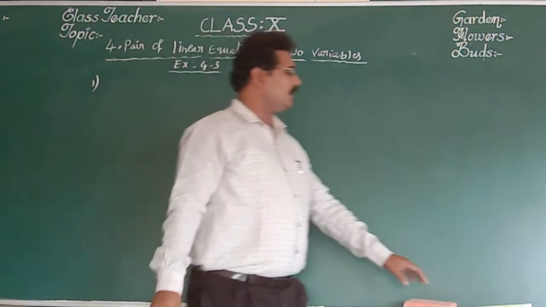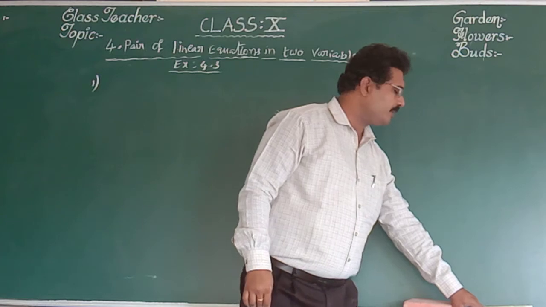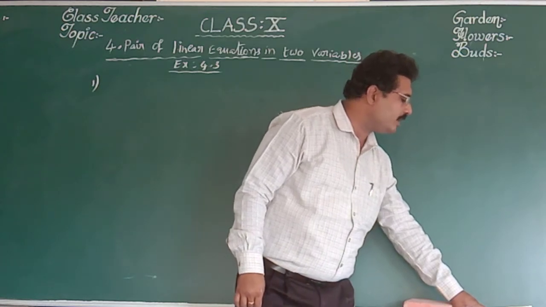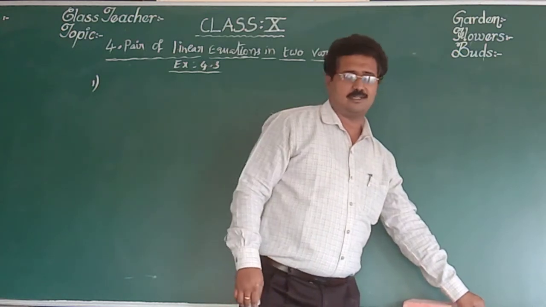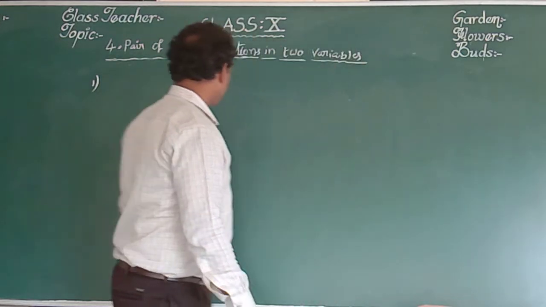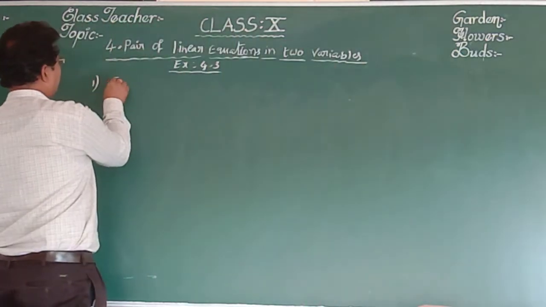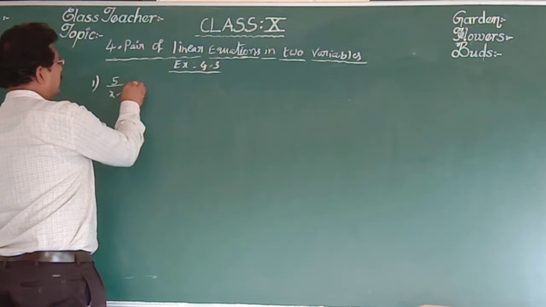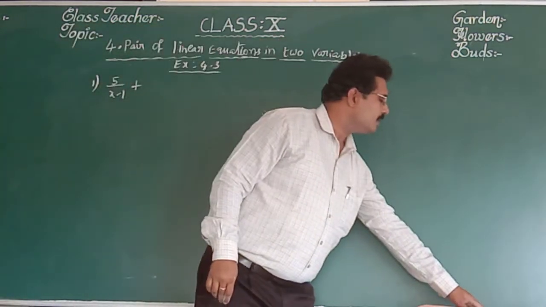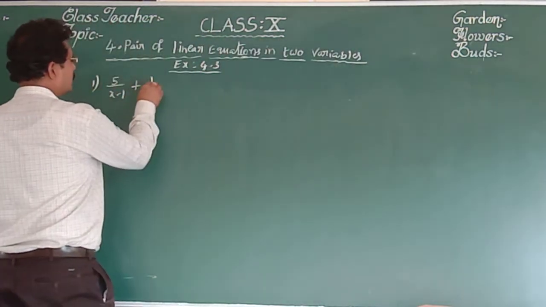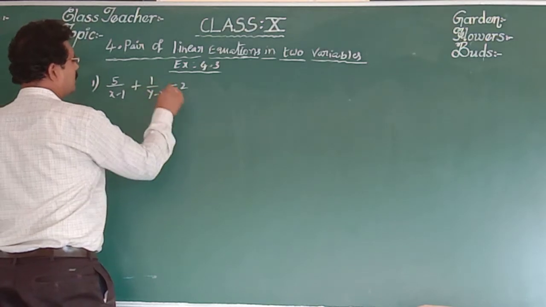So what is 1, you see? Solve each of the following pairs of equations by reducing them to a pair of linear equations. So the first one: 5 by x minus 1 plus 1 by y minus 2 is equal to 2.